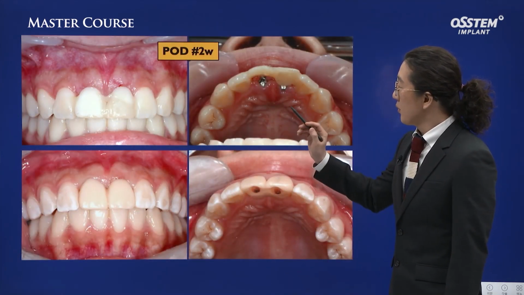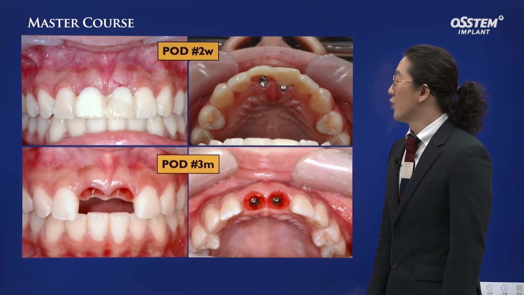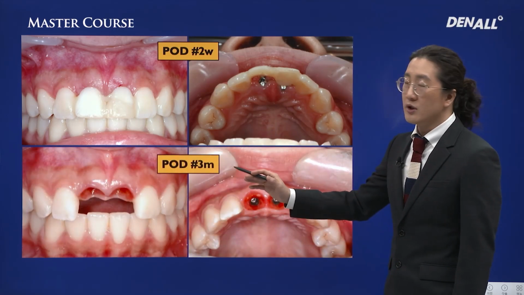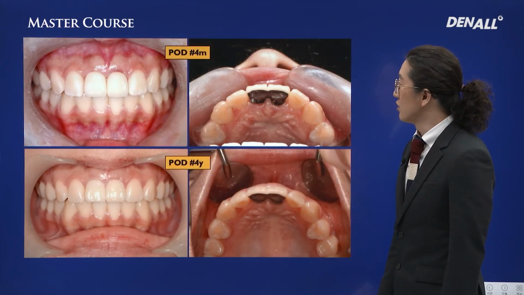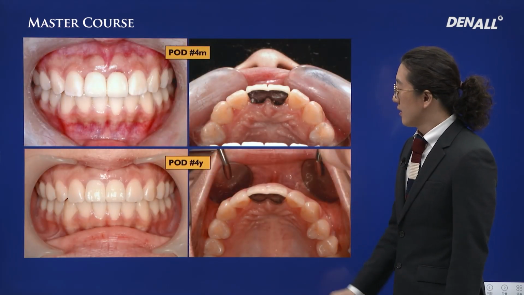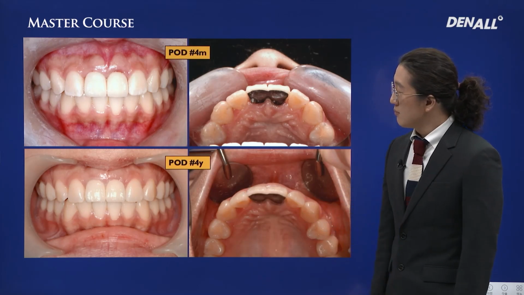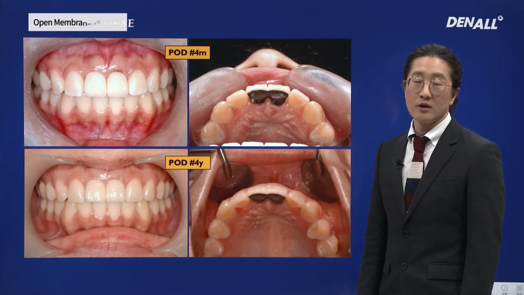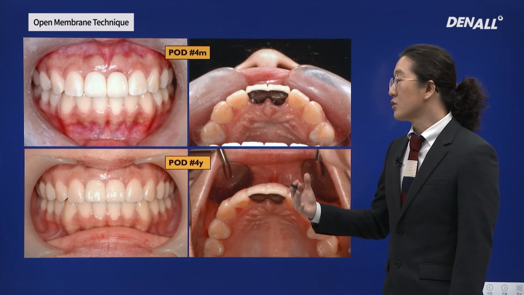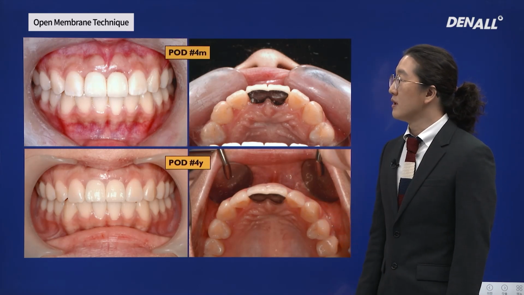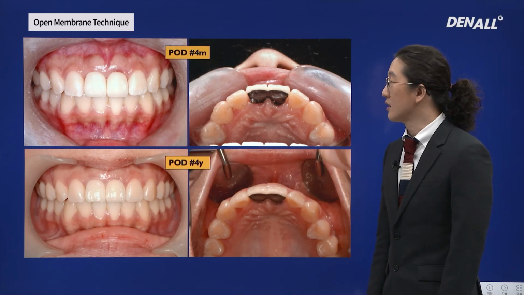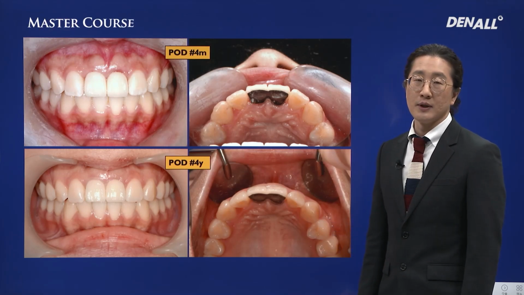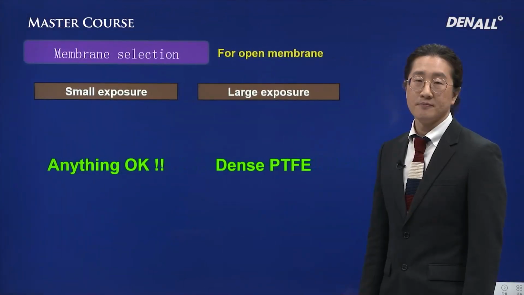At post-op 2 weeks, a temporary provisional was provided, and we went through 3 months of gingival molding process, and final prosthesis was delivered. This is post-op 4 years, and aesthetically pleasing results were achieved. Especially in the case of the anterior aesthetic zone, if there is a self-contained defect, open membrane technique can be very useful.